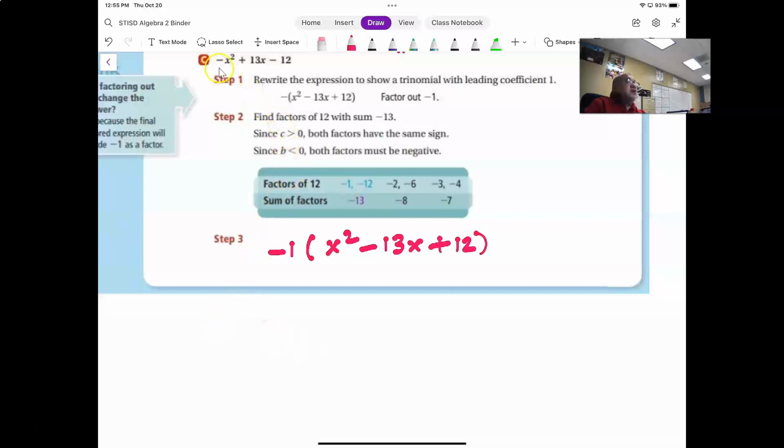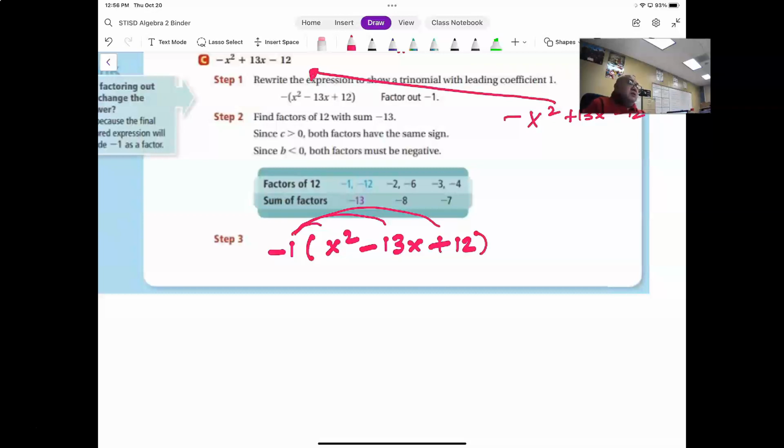So we factored out a negative. Now, if you want to check it, you would multiply. Negative 1 times x squared gives you negative x squared. Negative 1 times negative 13 gives you positive 13x. And negative 1 times 12 gives you minus 12. So that gives us our original expression.